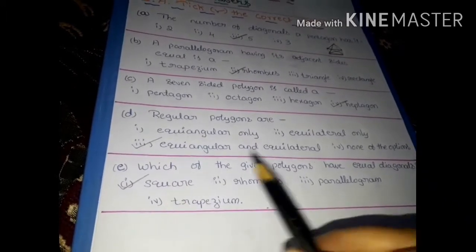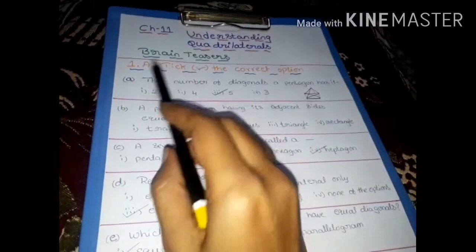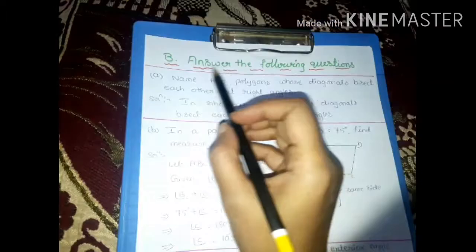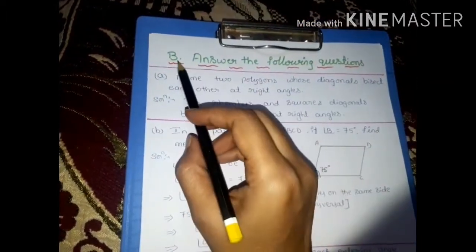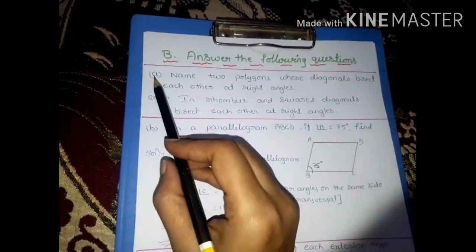While solving worksheet 3, we discussed properties of a square. Under that, we discussed that a square has equal diagonals. This completes the brain teaser first A main questions. B main, answer the following questions. A question.